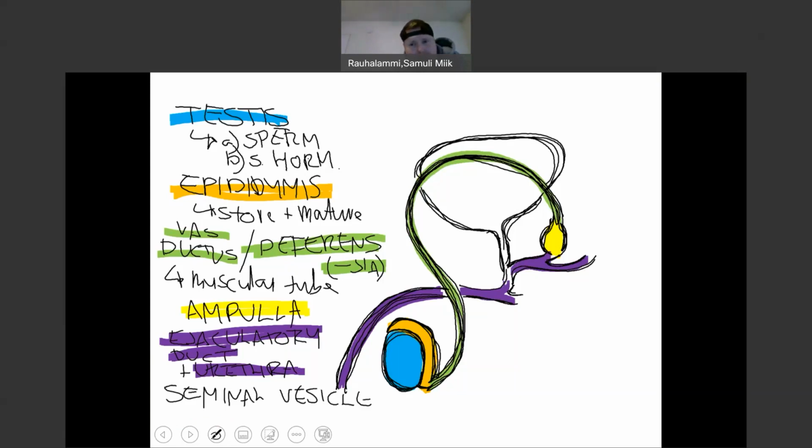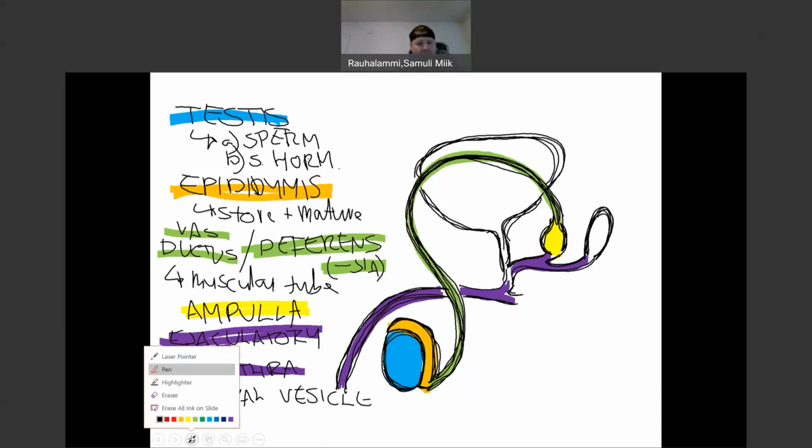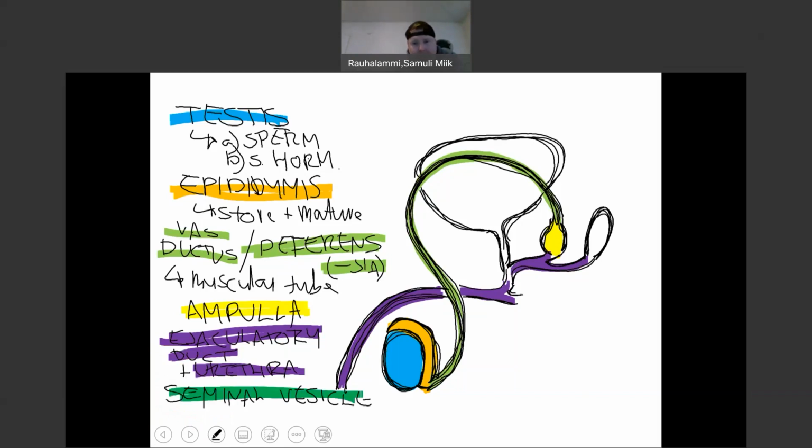So seminal vesicle is located next to the ampulla, and it releases secretions that are really the first set of secretions that we see being added into this mixture of things that will then produce the semen.